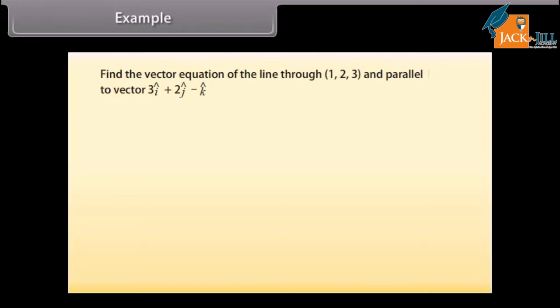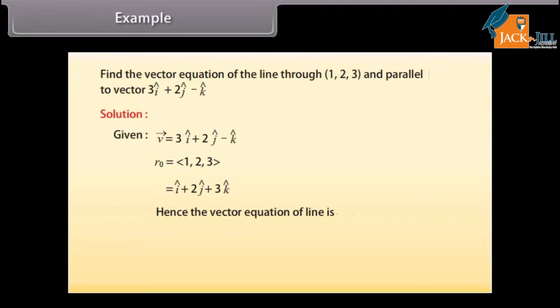Example. Find the vector equation of the line through (1, 2, 3) and parallel to vector 3i plus 2j minus k. Solution. Given vector v equals 3i plus 2j minus k. Vector r0 equals (1, 2, 3) equals i plus 2j plus 3k.